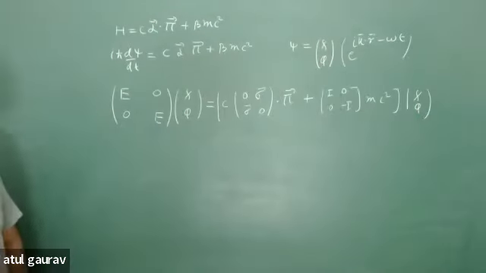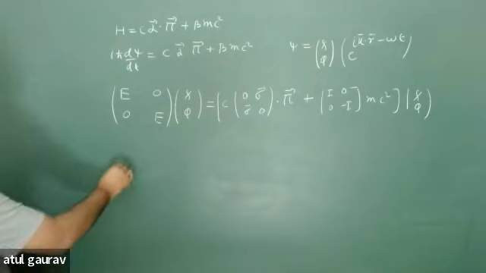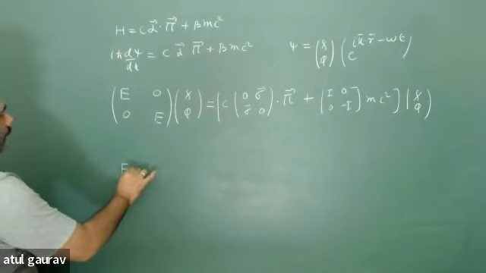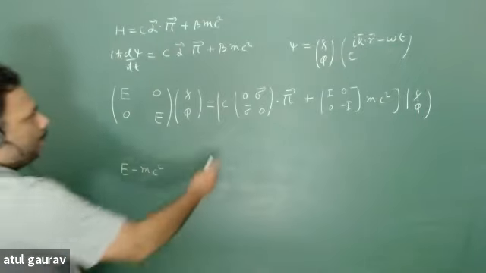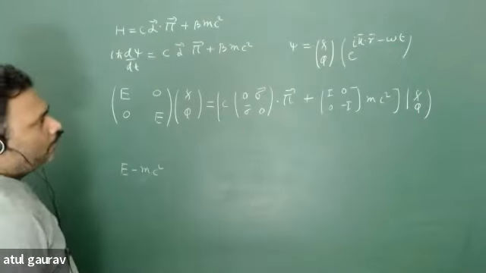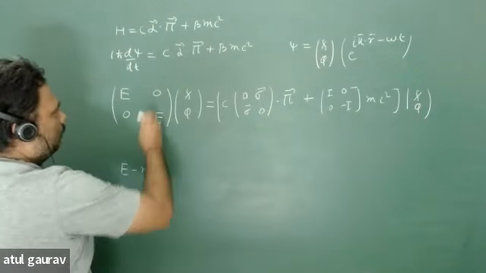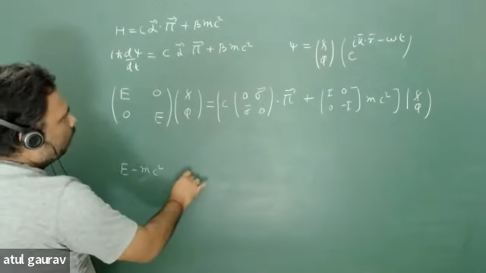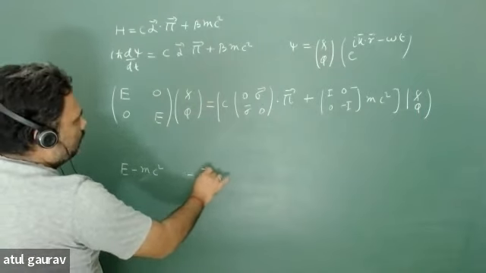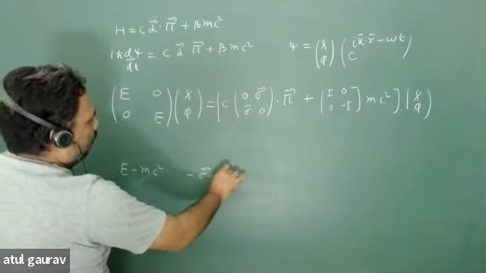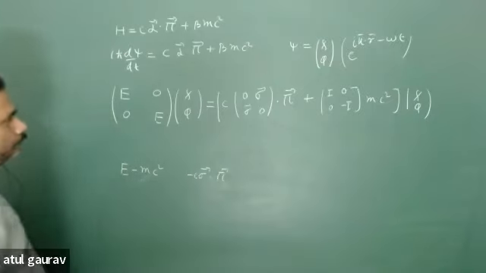So what will happen? We can write E minus mc square, and this thing will come here. So what will this value be? Minus sigma dot pi into c, होगा ना?